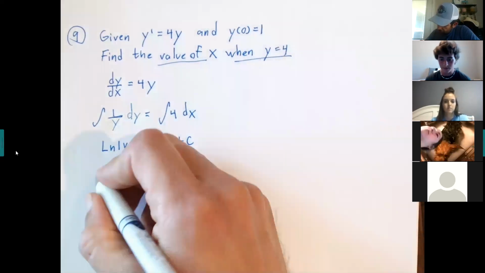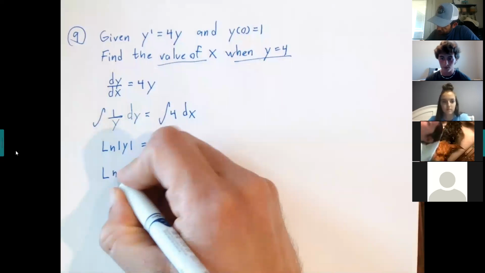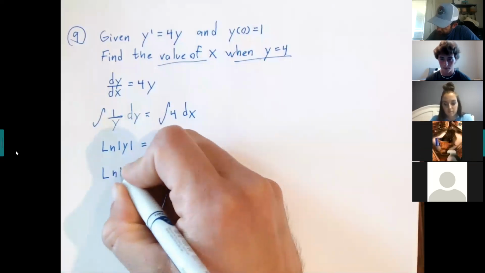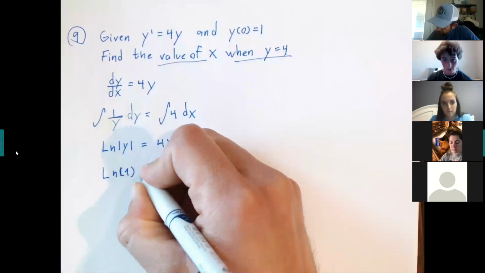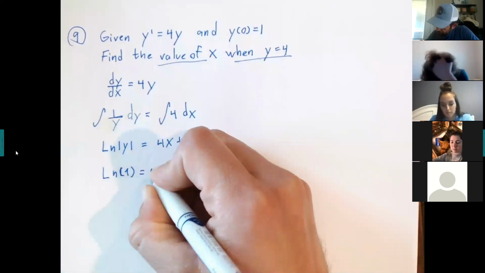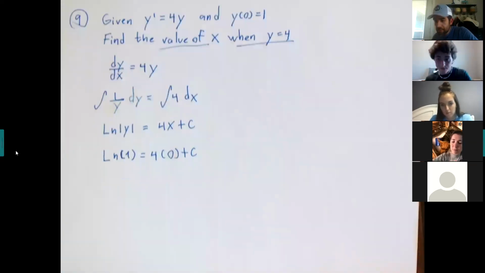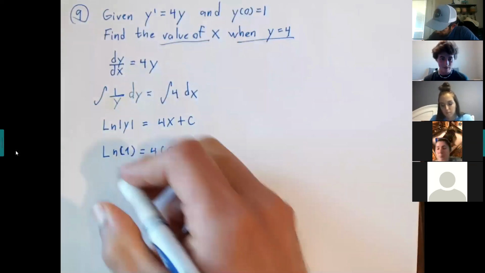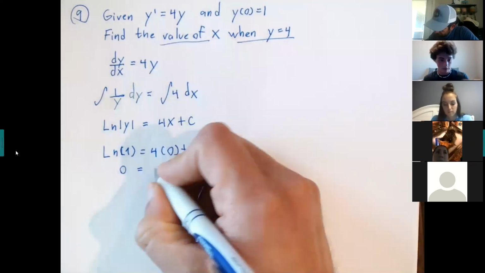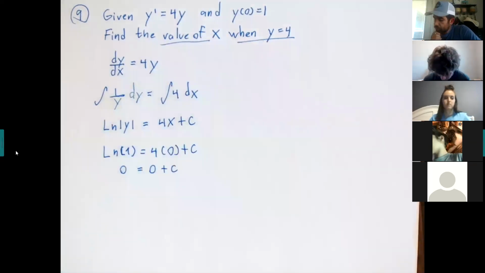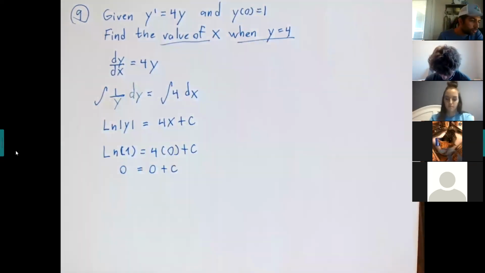So let's see, we have the natural log of the absolute value of 1, which is just 1, is equal to 4 times 0 plus c. Now, hopefully you know the natural log of 1 is an obvious 0. So c is 0, really.